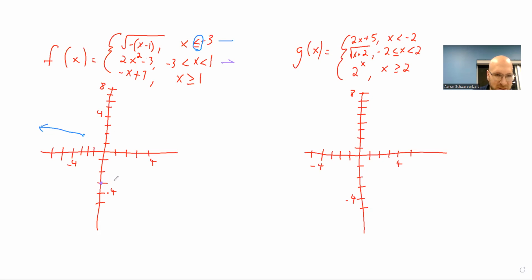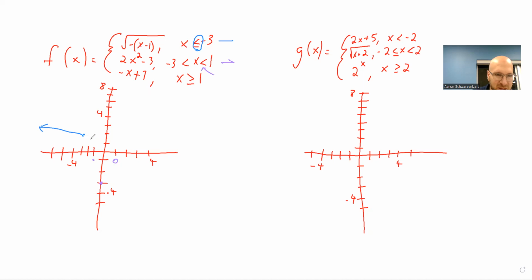Move over 1, plug in 1: 2 times 1 squared is 2, -3 is -1. Because of the strictly less than part here, I'm going to put an open circle there. And I'll go -1. It should be symmetric because my vertex is 0, -3.